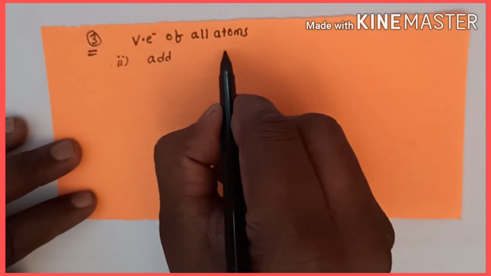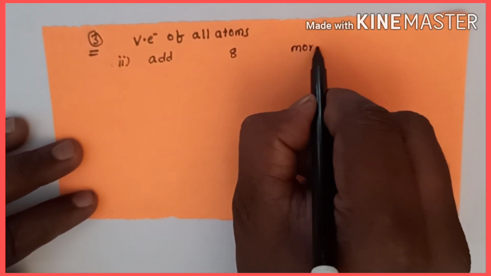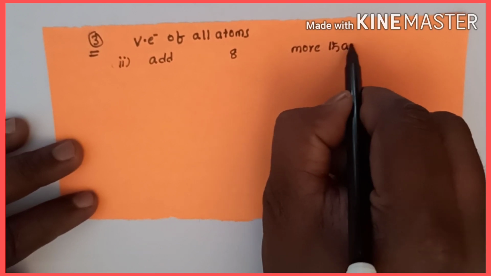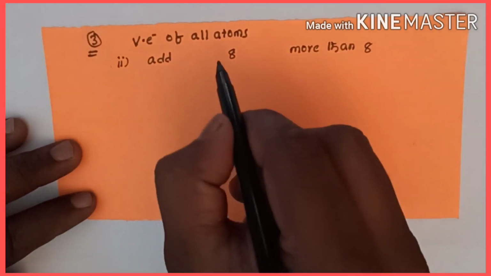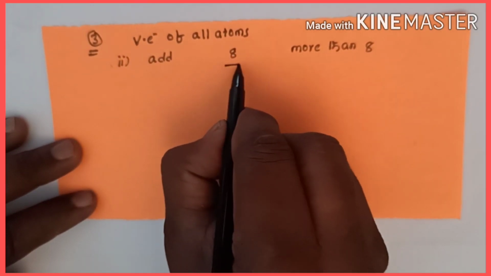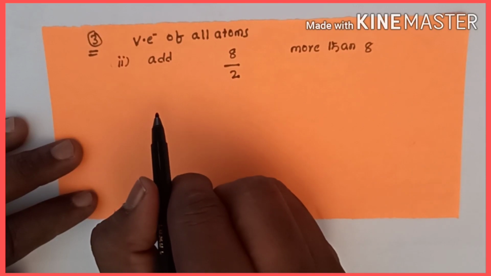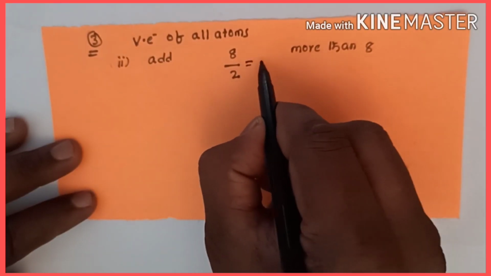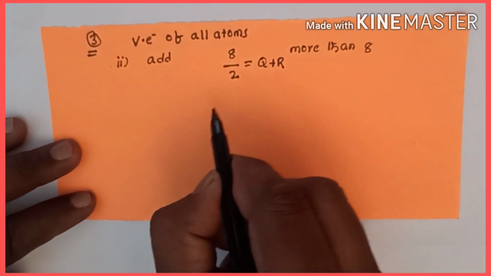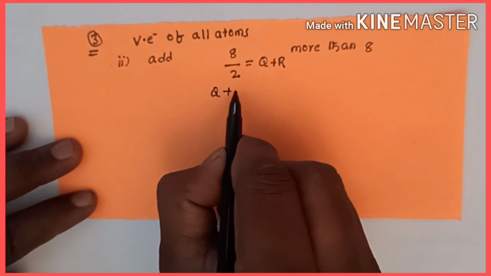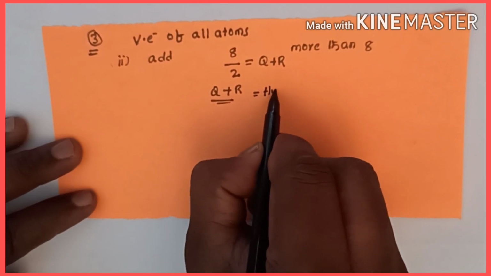Now if the sum is 8, you can directly divide this by 2. If it is below 8 also, you can divide it by 2. Then you will get a coefficient plus remainder. Now add the coefficient plus remainder. That sum will give you the hybridization.